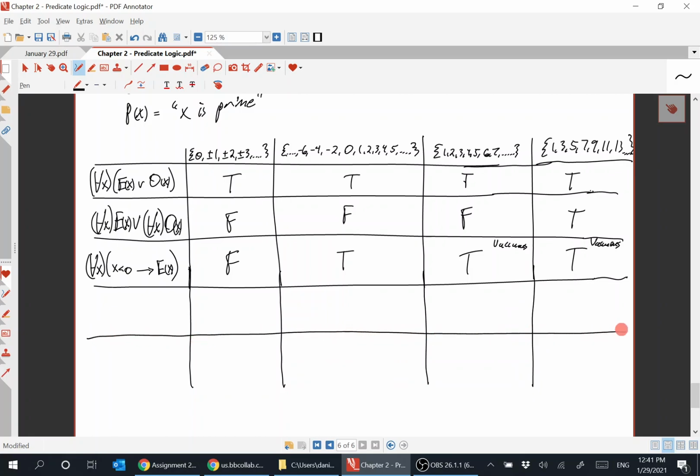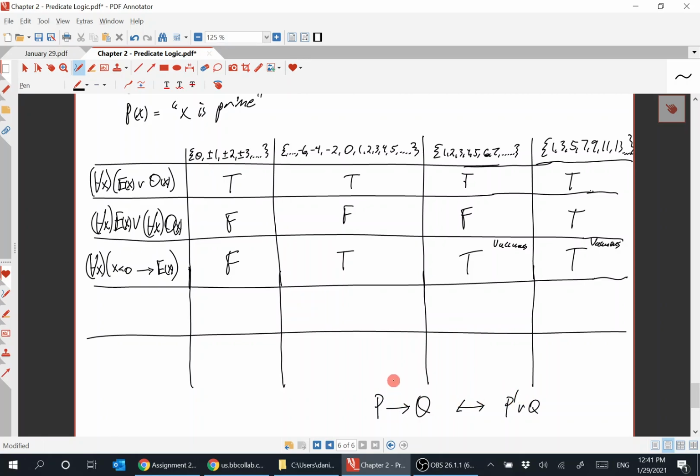Again, why is implication in the vacuous case considered to be true? Basically, you have the implication tautology, so that P implies Q is logically equivalent to not P or Q, right?